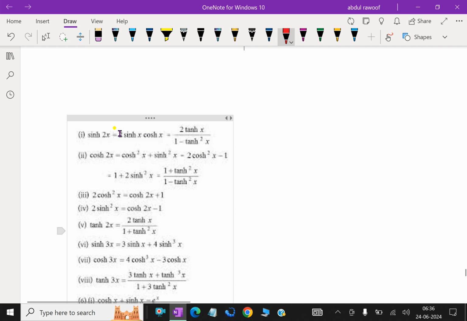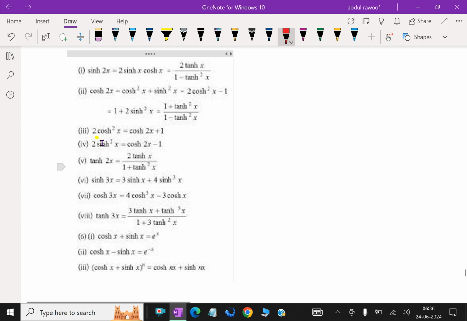Remember, this is important. Further, 2 cosh squared x equals cosh 2x plus 1. Like this, we can get those identities here. Then sinh 3x, by using the sinh 2x formula, is sinh (2x plus x).